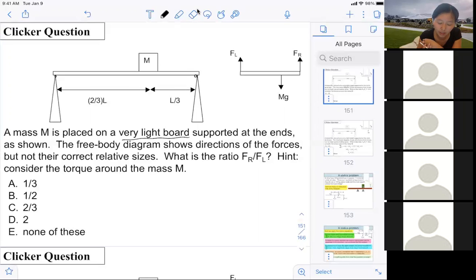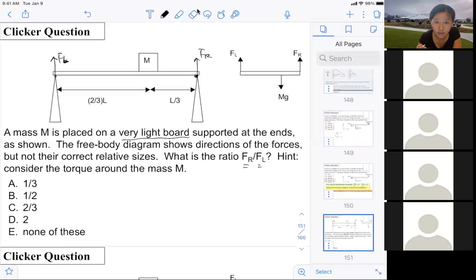And then you have a mass M placed 2/3 of the way on the beam. Now, what is the ratio of FR over FL? So FR is a normal force provided by one end of the beam pointing upward. The other force is a force provided by the pivot on the left end. How do these forces compare? What is the ratio between them?